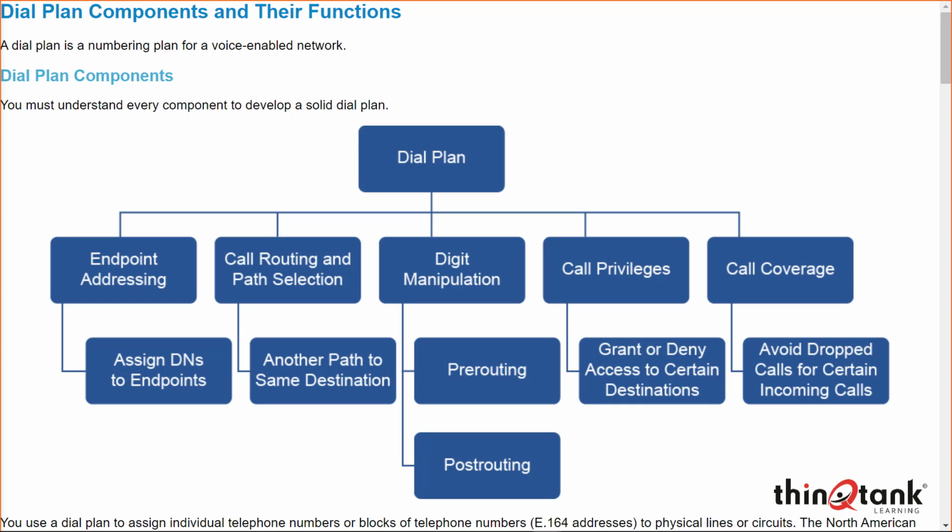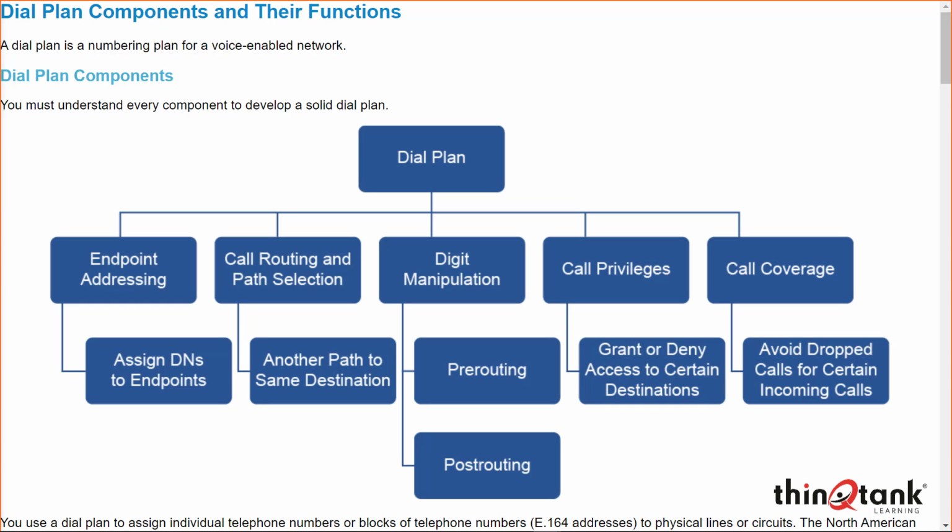At a minimum, we're going to do some sort of digit manipulation when we're trying to do PSTN dialing, because almost always we'll have some sort of access code that we use to identify that we're dialing to the PSTN. The reason we have the access code is that in the North American numbering plan, any numbers that start with 2 through 9 can be PSTN numbers. We don't ever start a PSTN number with a 1 or a 0.